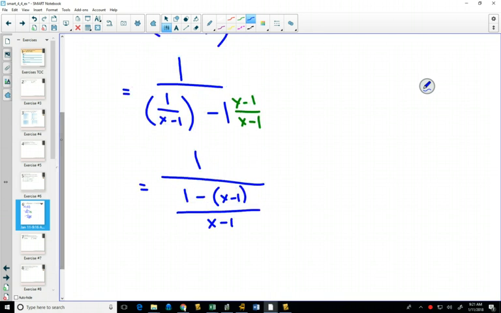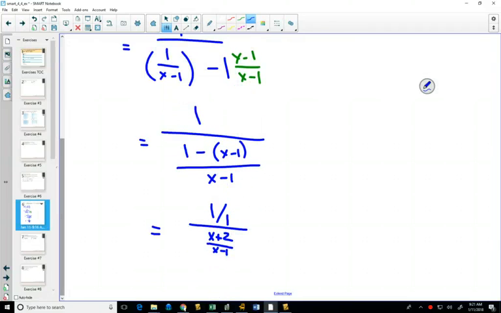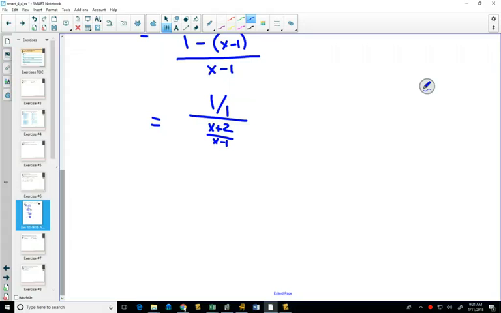Why didn't I have to multiply anything on the top? Because I'm trying to get a single fraction on the bottom and a single fraction on the top, so that at this point, when I have 1 over, and on the bottom I have 2 minus x over x minus 1, I can think of my top as 1 over 1, and my bottom as 2 minus x over x minus 1. Fraction divided by fraction.